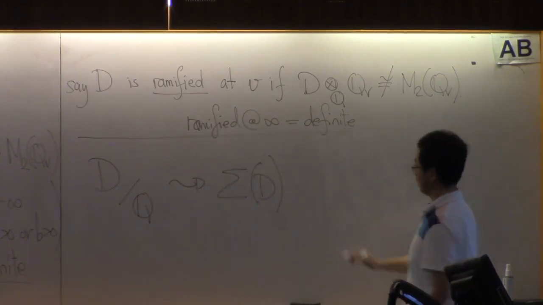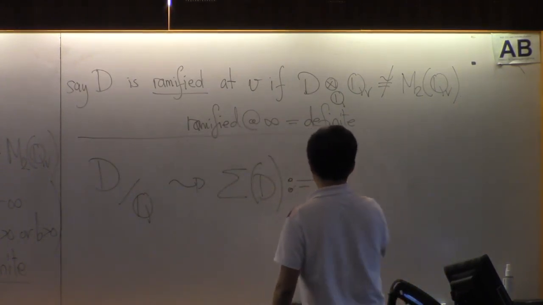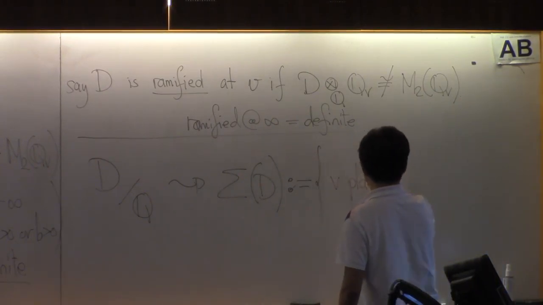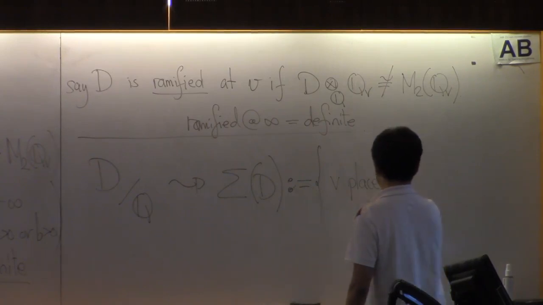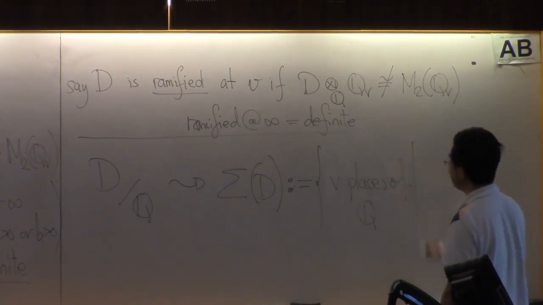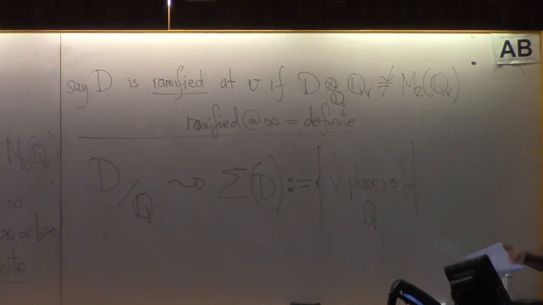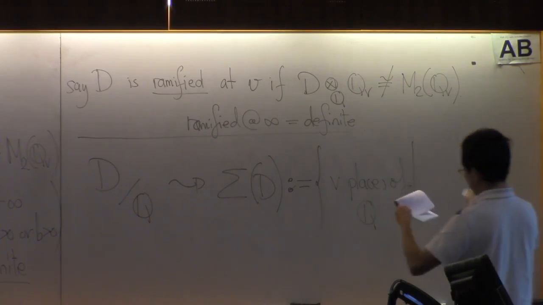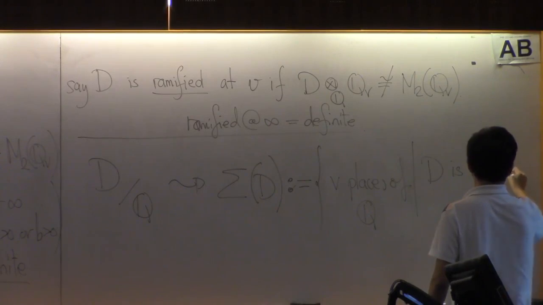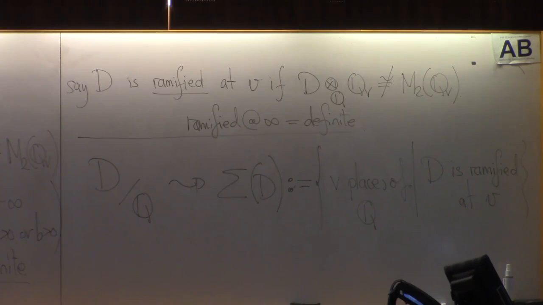I'm going to write sigma D. It's a subset of places of Q, namely a subset of prime numbers, including also possibly infinity, where this D is ramified, namely where the quaternion algebra is not isomorphic to the matrix algebra.